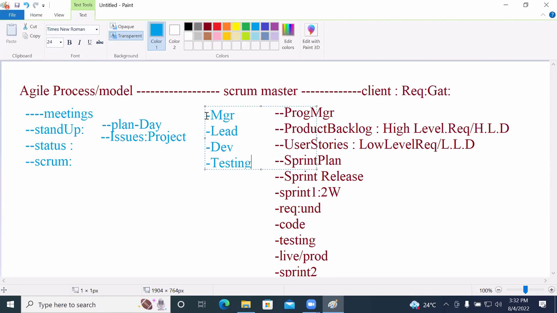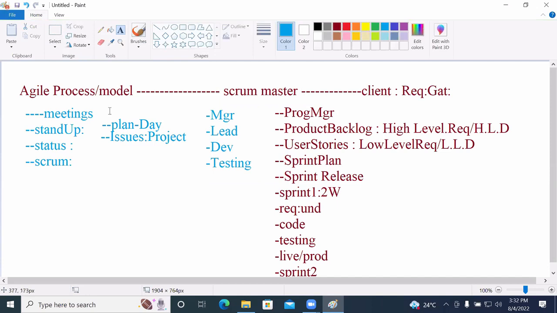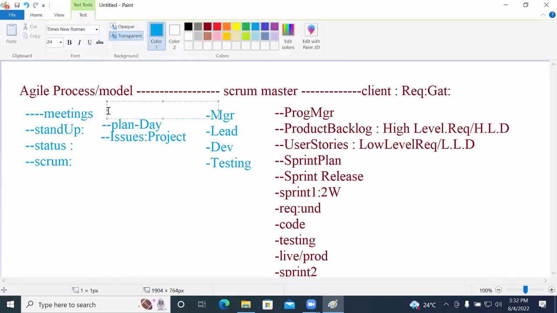The whole conclusion, a very simple understanding, is that a stand-up meeting is a small duration meeting, not half an hour or 1 hour, to have a discussion related to the plan for the day and related to issues of the project.